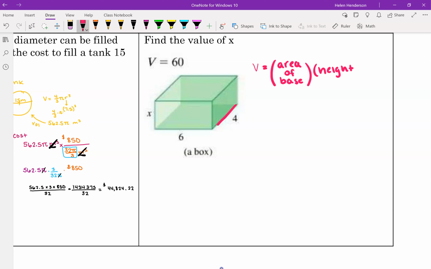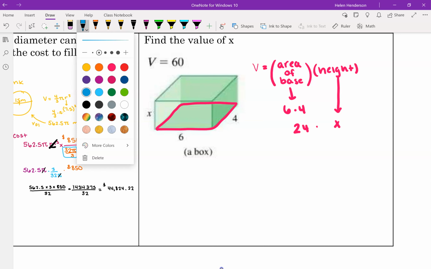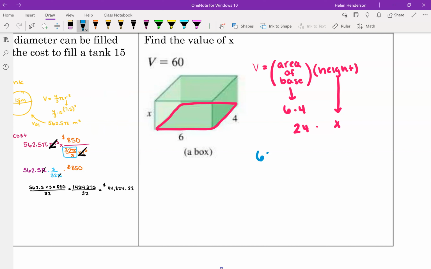So here my base is a rectangle, a 6 by 4 rectangle. So the area of that base is 6 times 4, which is 24. And then the height is x. So the equation that I get here is 60 equals 24x. Because volume was 60 and volume was 24x.